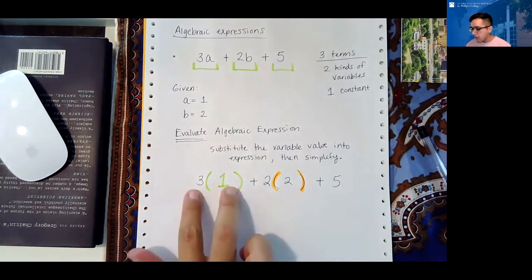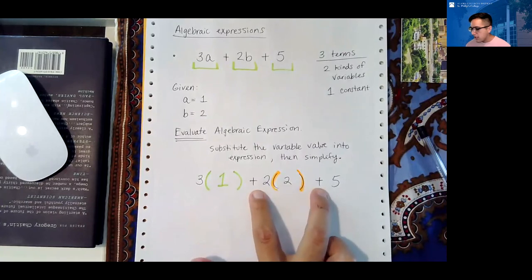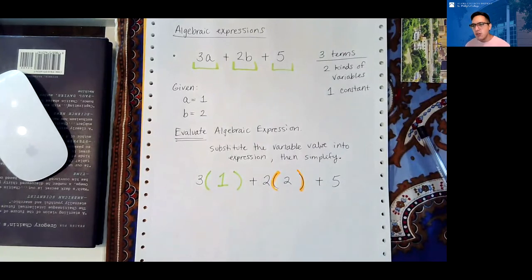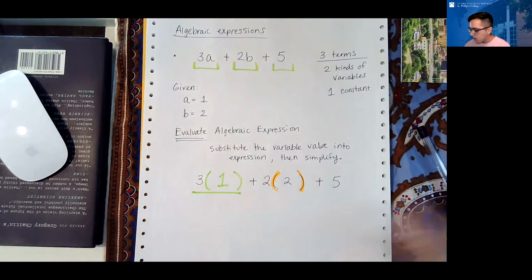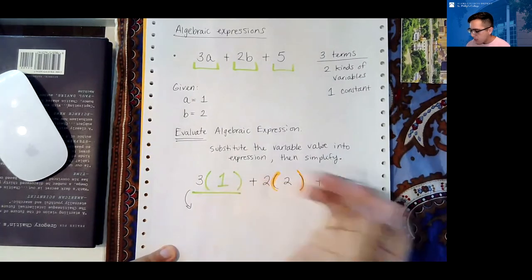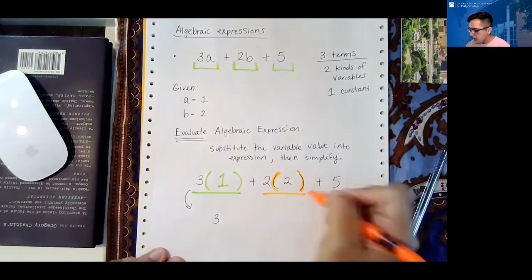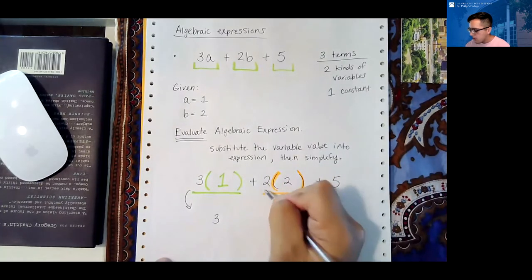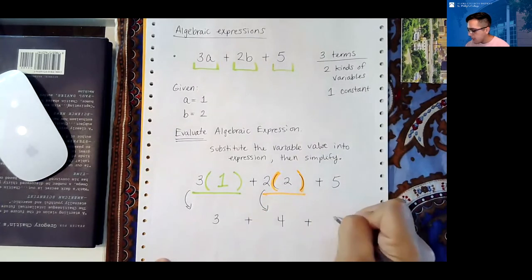I have multiplication here, and then I have addition. So in this case, we'll want to take care of the multiplication. That will give us 3 here. 3 times 1 is 3. We can take care of this multiplication. 2 times 2 is 4. And then we'll bring everything else down. So we have plus, plus, and then we have a 5.